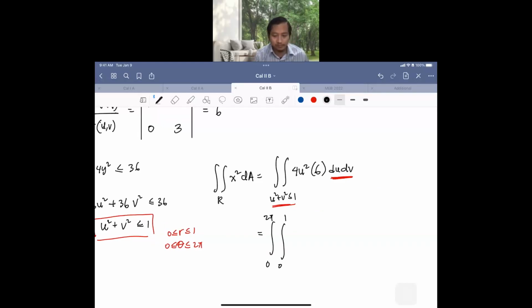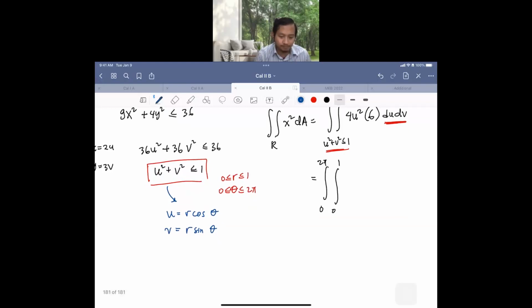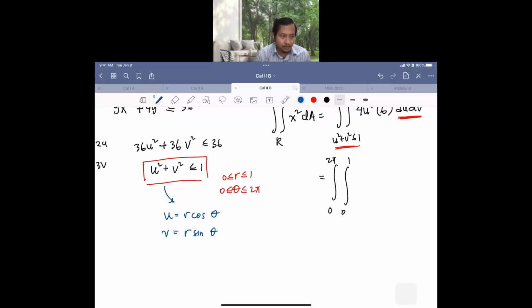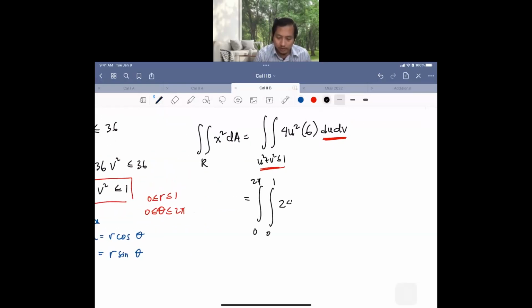And inside, we define this in polar. So u will be r cos theta and v will be r sine theta. Now for u squared, it will be 24 r squared cos squared theta, and du dv will be r dr d theta.